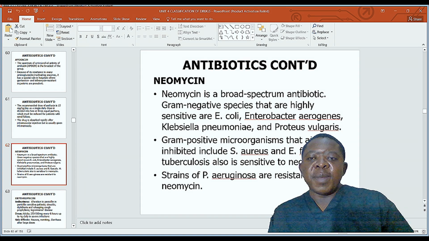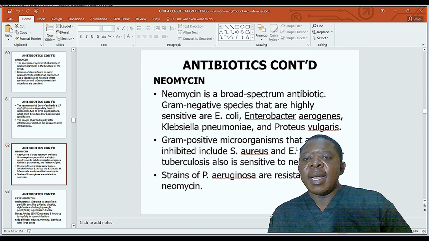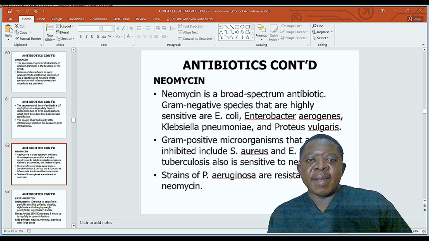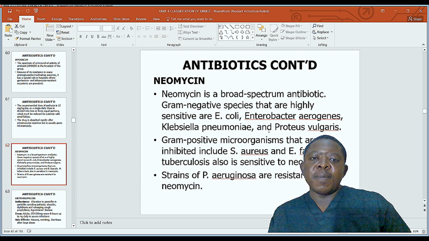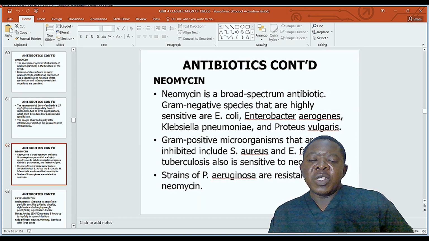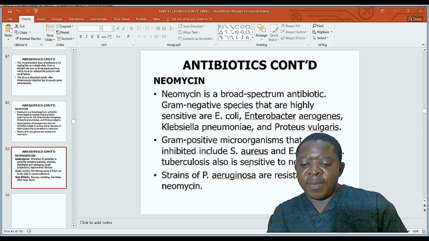Gram-positive microorganisms that are inhibited include Staphylococcus aureus and E. faecalis. Mycobacterium tuberculosis also is sensitive to neomycin. Also, strains of Pseudomonas aeruginosa are resistant to neomycin.